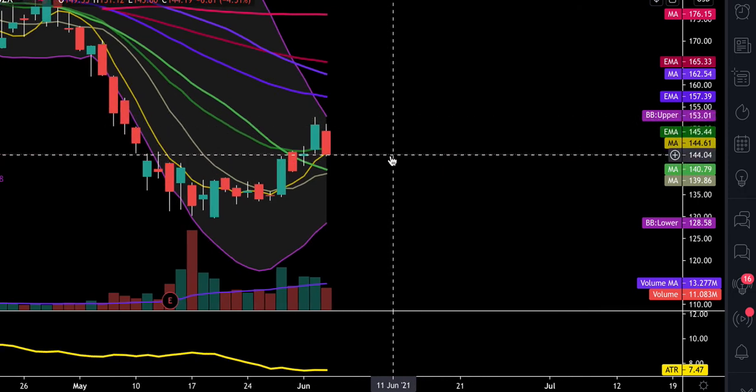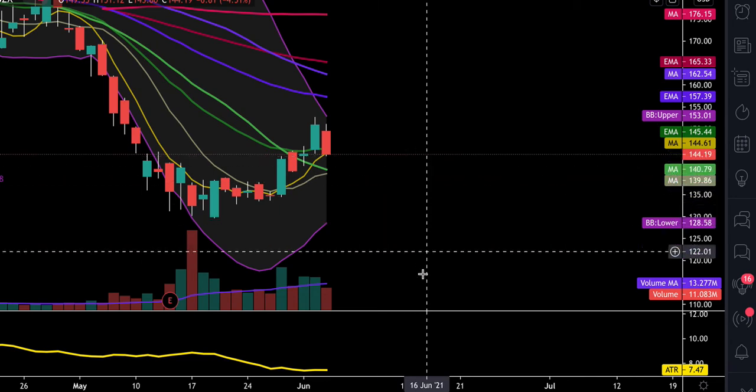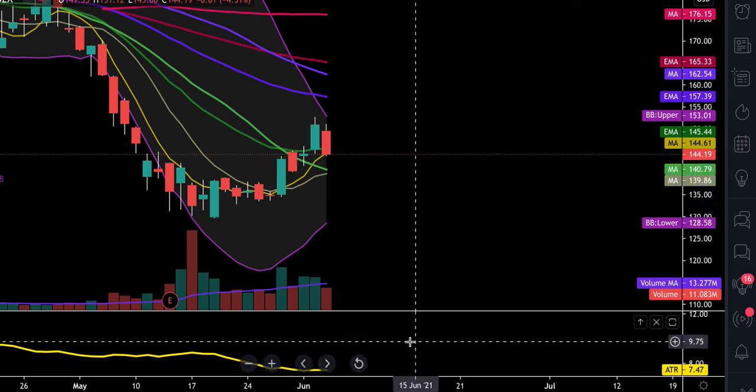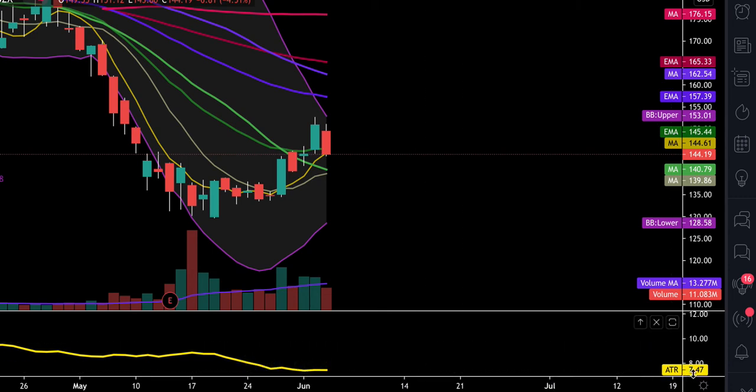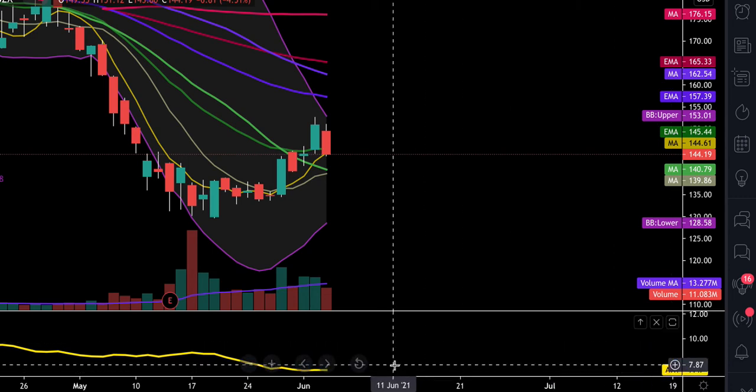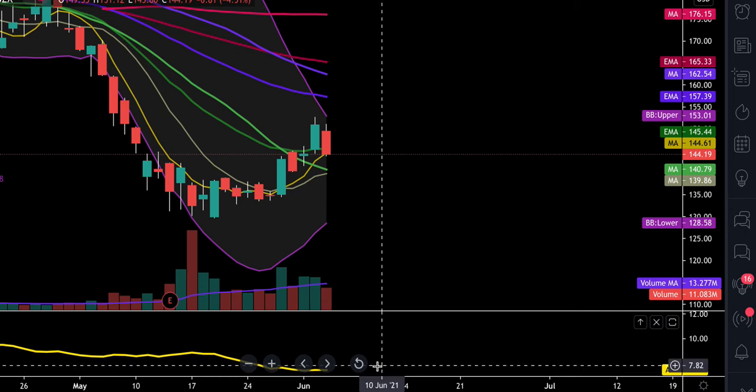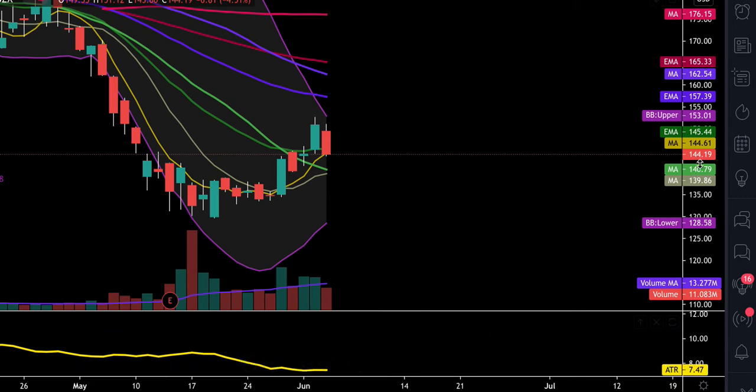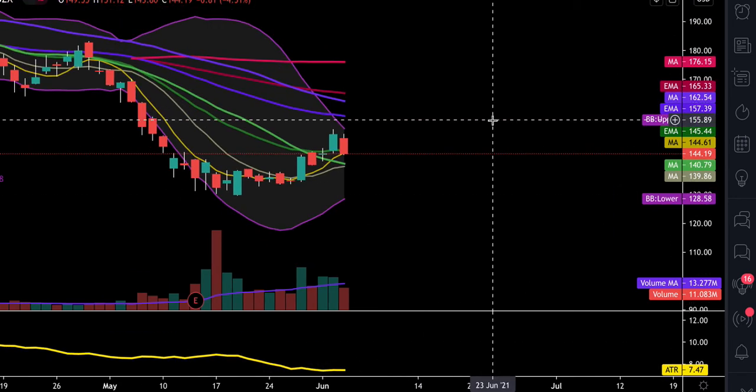There was a $7.5 range that Airbnb traded within today. And if we go down to our average true range indicator, that looks to be about the average, right? Our ATR says 7.47. What that means is that over the past 20 days, the average range of Airbnb on the daily is 7.47. Now, why is this important?